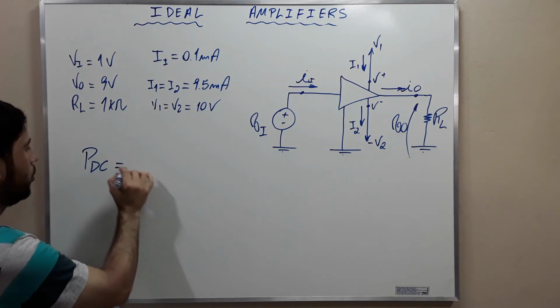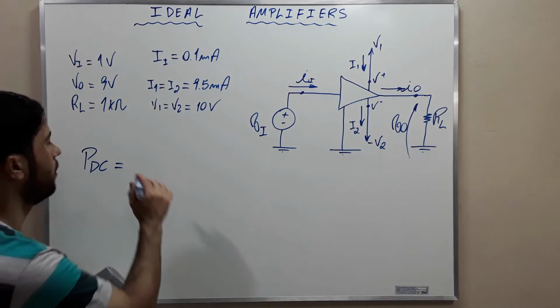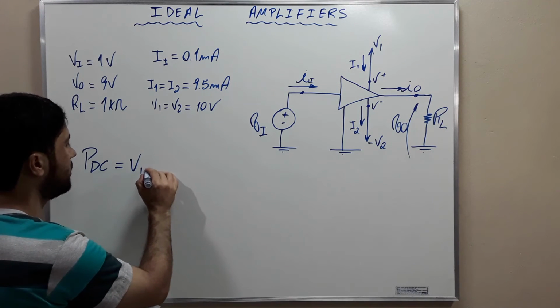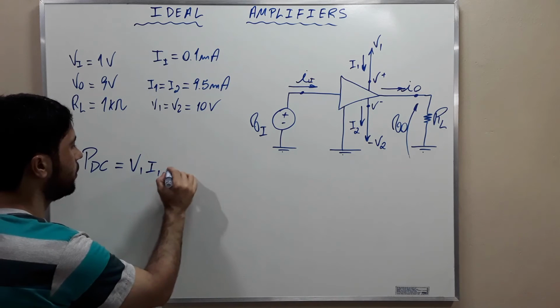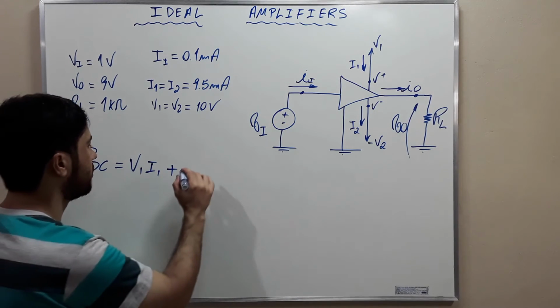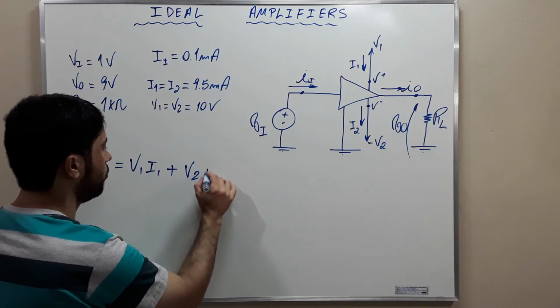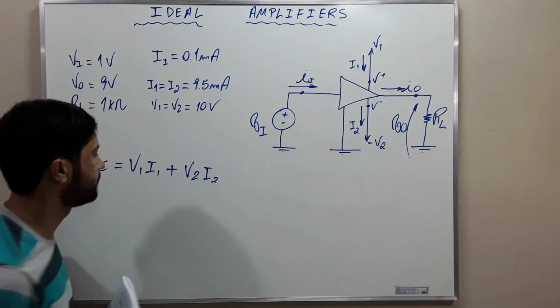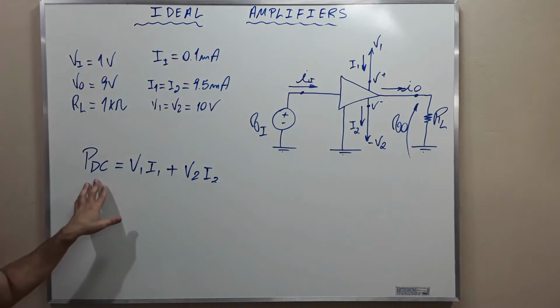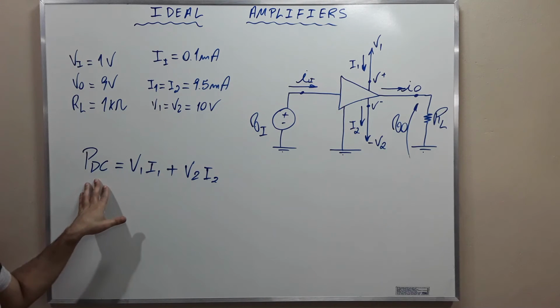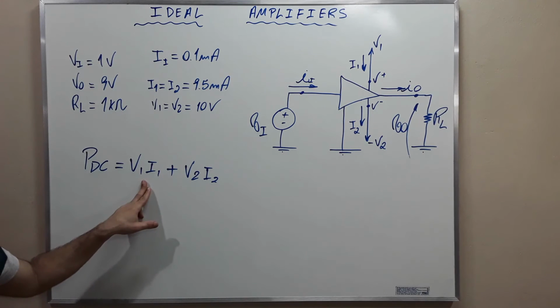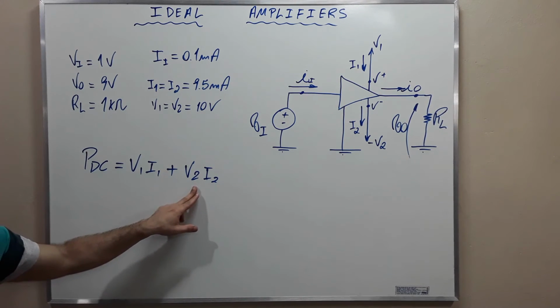PDC will be equal to V1 times I1 plus V2 times I2.